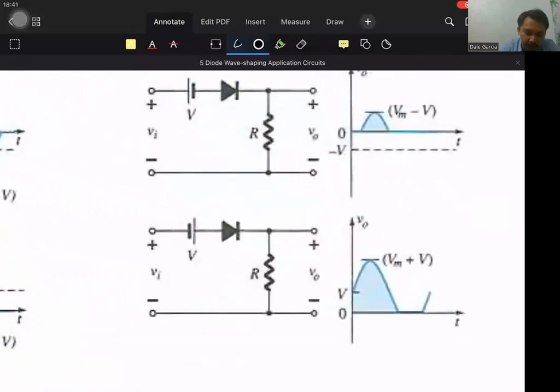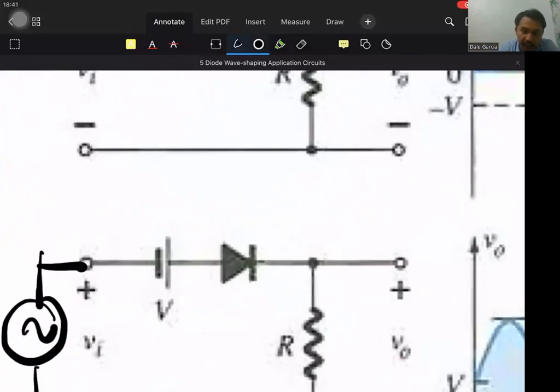Last example, what if the given is an AC source of plus minus 20 volts, and a battery in this configuration. The positive portion of the battery is connected to the positive of the diode, and our battery is 3 volts.